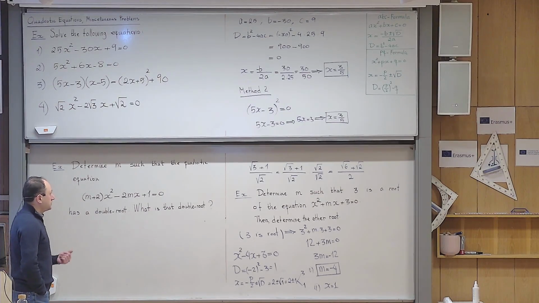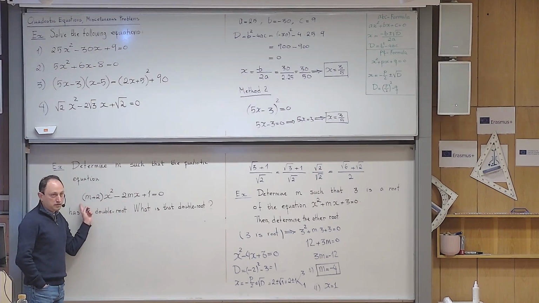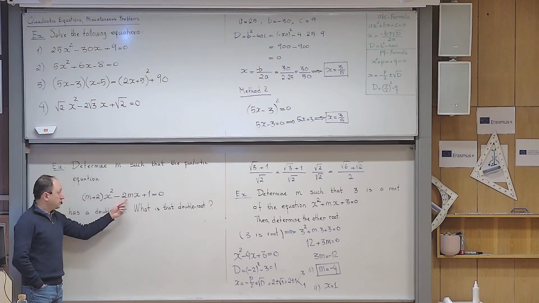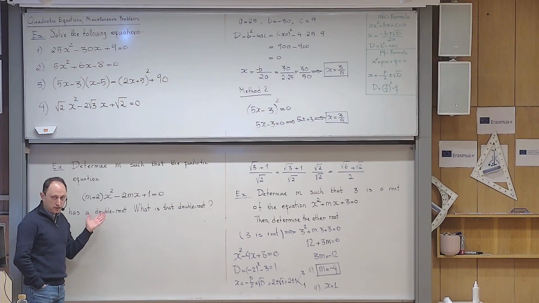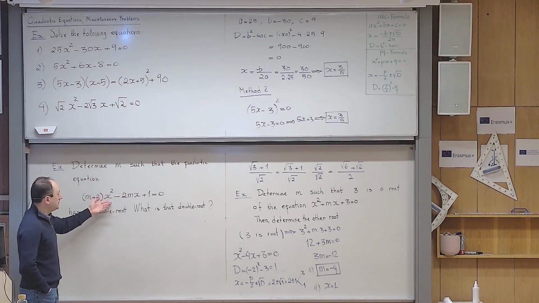So let us see what it means. If I ask you what this equation is, you will tell me this is a quadratic equation, but because I have two variables, it is quadratic in variable x, but it is first degree in variable m. Yes? But that is not the problem. Here, I have asked you to determine m such that this is a quadratic equation in x.